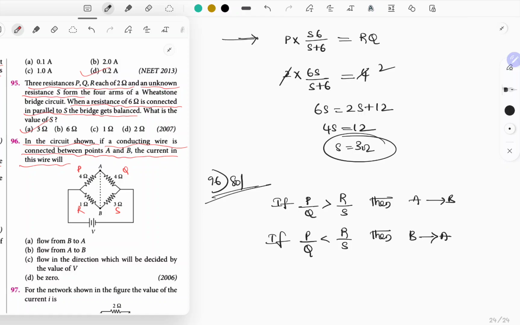Let's check this relation here. I think I wrote it the wrong way around. The ratio is opposite.